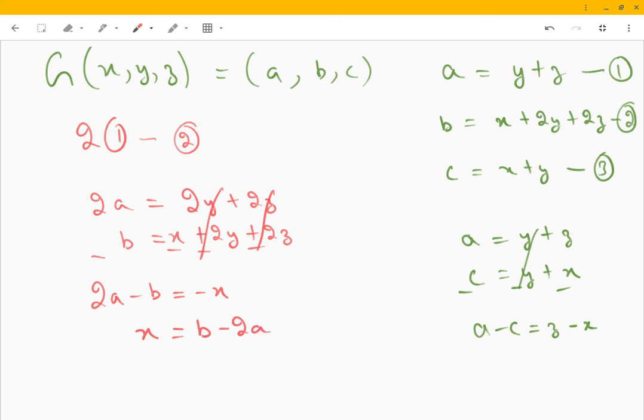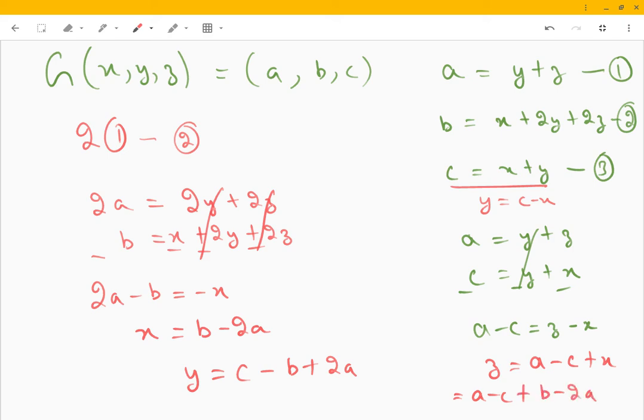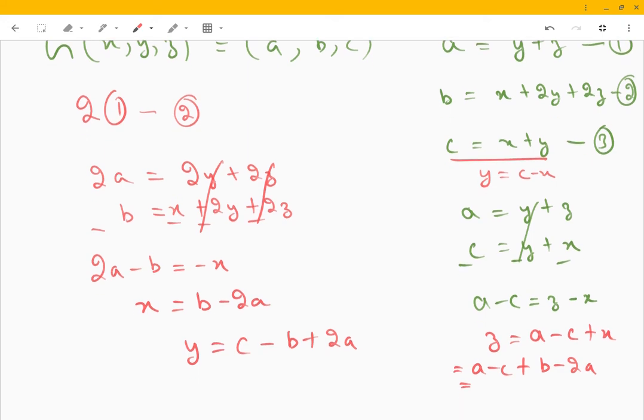Now x is b minus 2a. I will plug this value in equation 3. So my y is c minus x, and I'll plug this value of x here. And z is a minus c plus x, which is a minus c plus b minus 2a. So this turns out to be minus a plus b minus c.